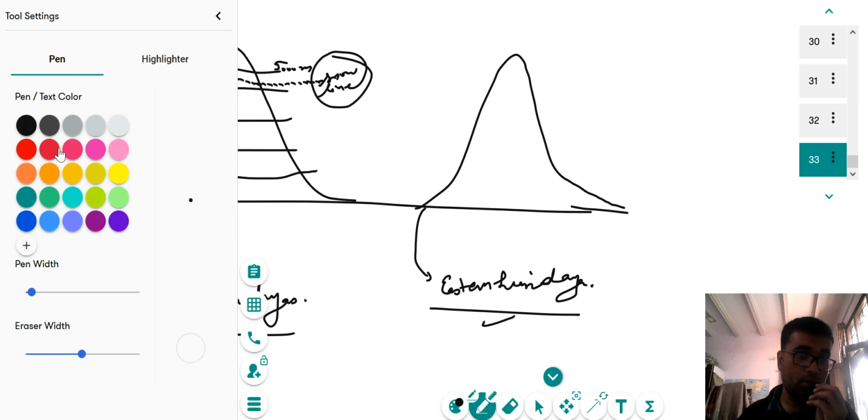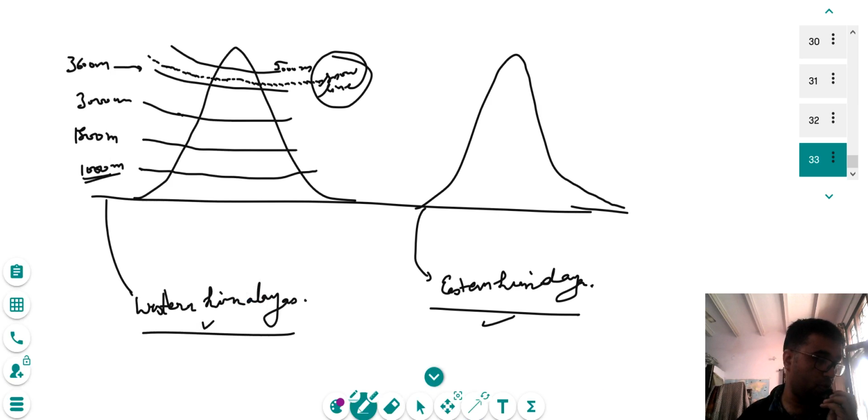Now let us see the different forests in these belts. In the Western Himalayas you have the subtropical forest. The tropical forests are absent. Up to 1000 meters you have the subtropical evergreen forest.